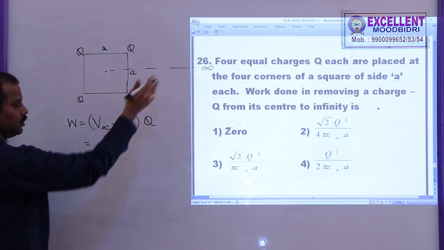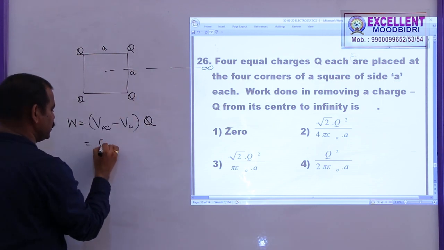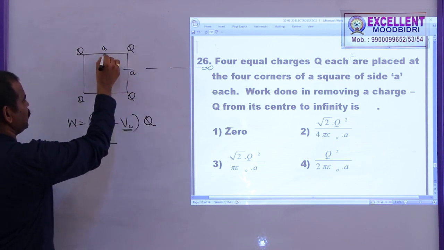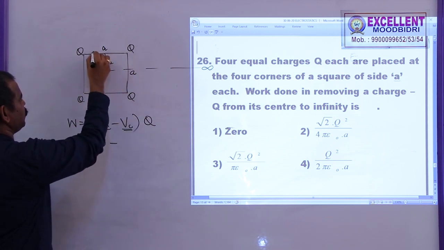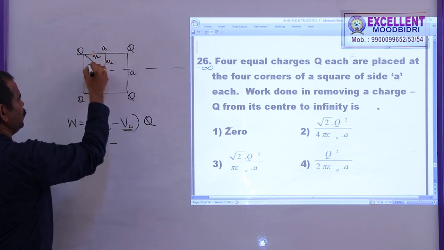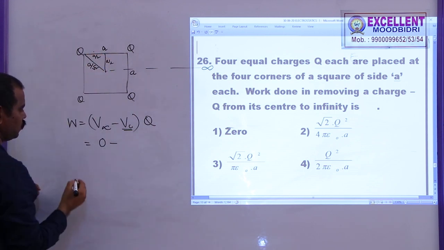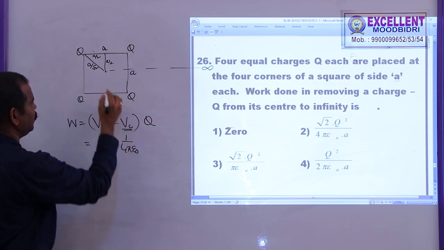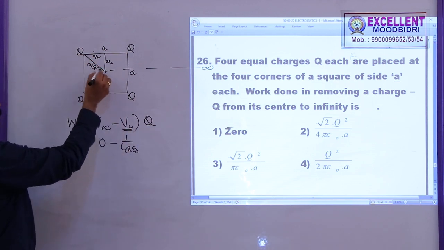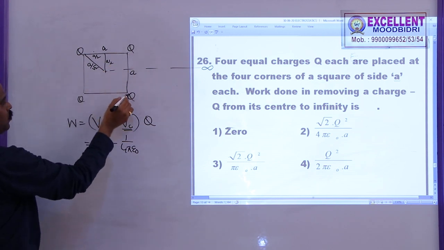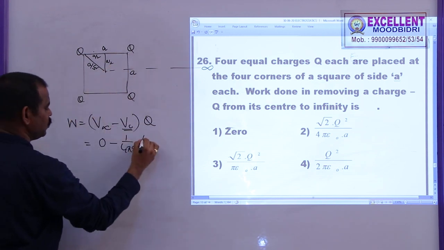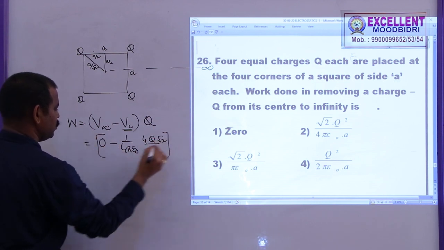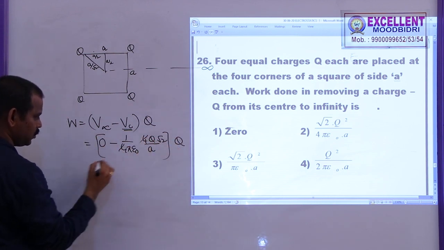What is the potential at infinity? We have to take this as 0. The potential at the center is given by, as the side is A, the half diagonal will be A by root 2. So we can write this as 1 by 4 pi epsilon naught times the potential due to each charge, Q by A by root 2, four times, that is 4Q by A by root 2, into the charge Q. Here the 4 gets cancelled.